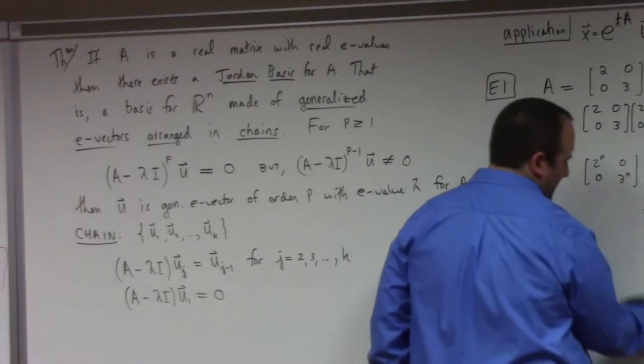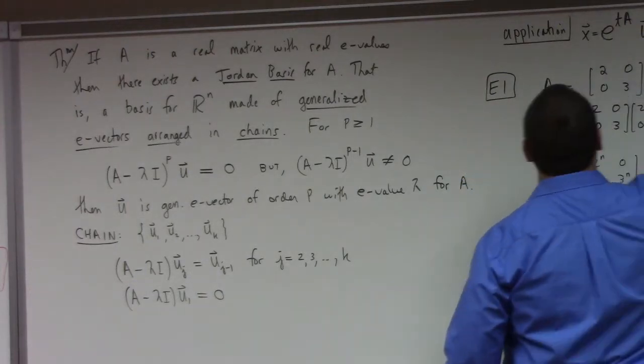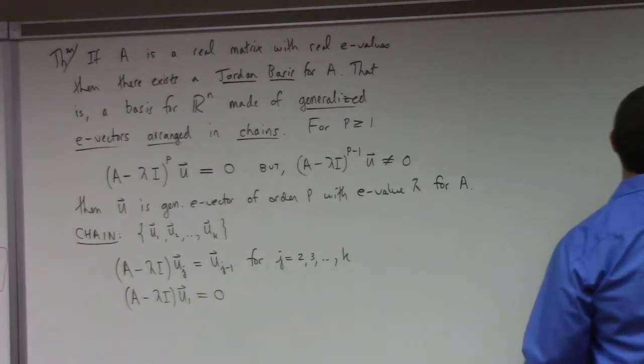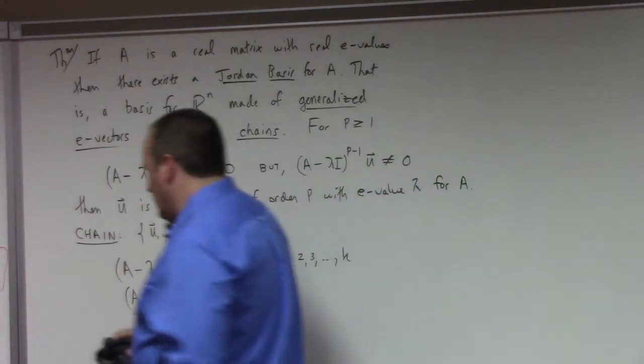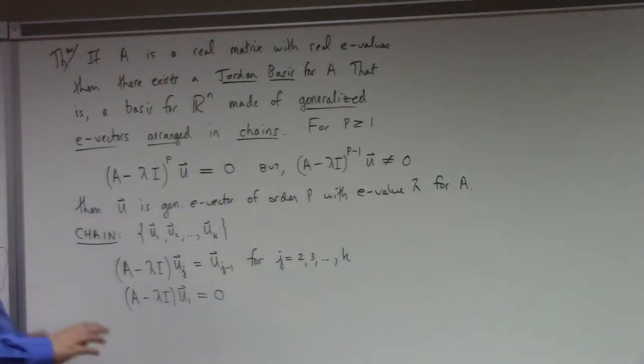Now, let me not be so abstract. Let me give you an example. That will help. Oh, by the way, this is descriptive. I don't expect to give you an arbitrary matrix and then say, hey, go find a Jordan basis for it. That's a hard question, really more a graduate linear algebra question.